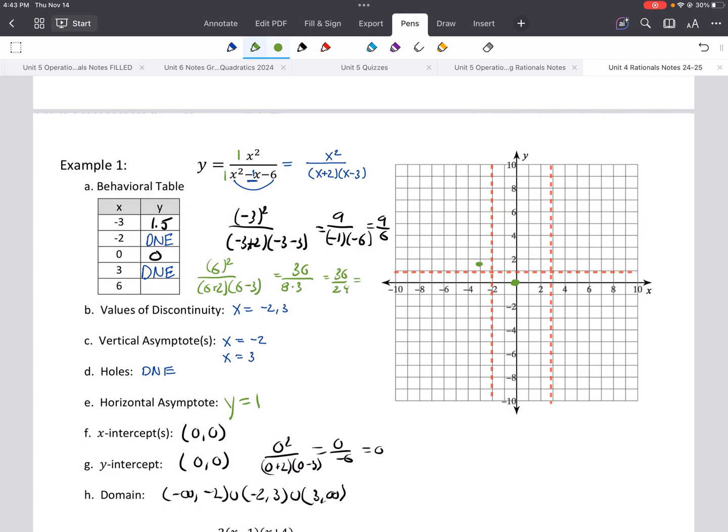I just didn't bring a calculator. So here I think we end up getting the same: 3/2, which is 1.5. So at 6, it is 1.5.